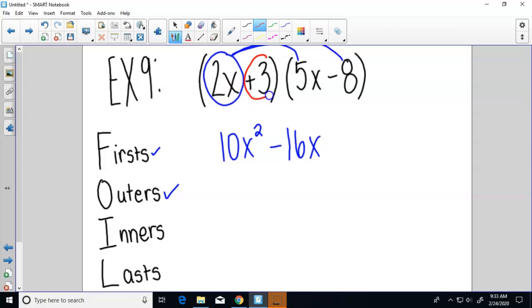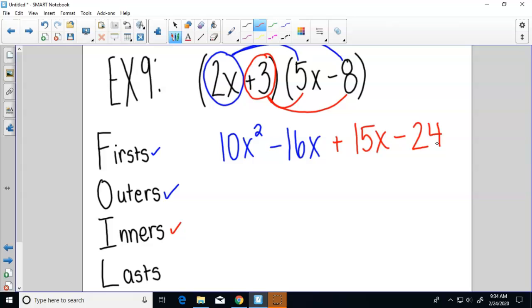So the two inside terms would be the 3 and the 5x. And that would give us 15x. That would be our inner terms. And then we would do our last. So 3 is the last term in this parentheses, 8 is the last term in this parentheses. And so that would be negative 24. It's exactly what we were doing already, right?